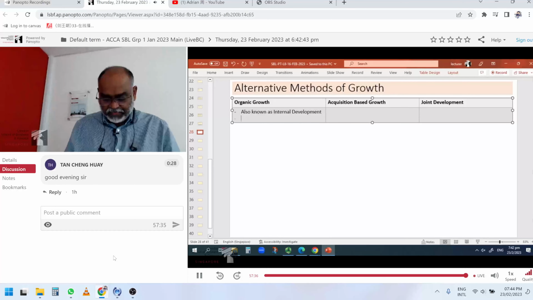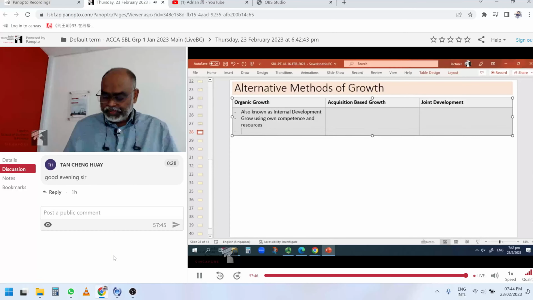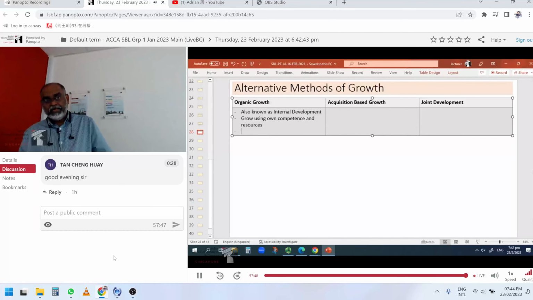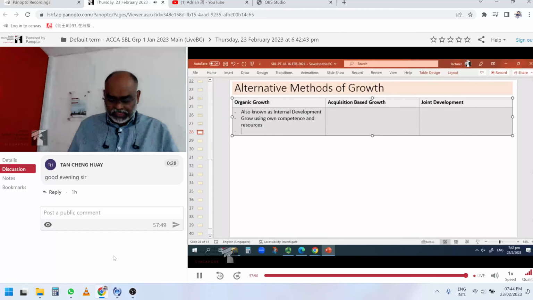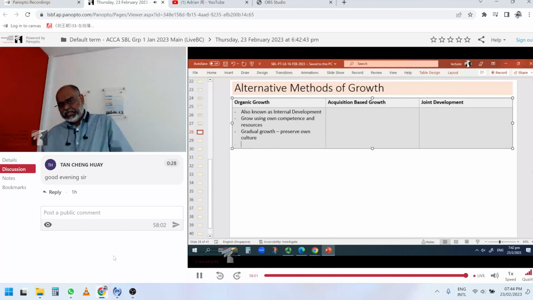This is where the company will grow using their own competence and resources. They are not going to buy anyone. Now this can also be a gradual growth that will allow you to preserve your own culture. You don't have to change the culture.